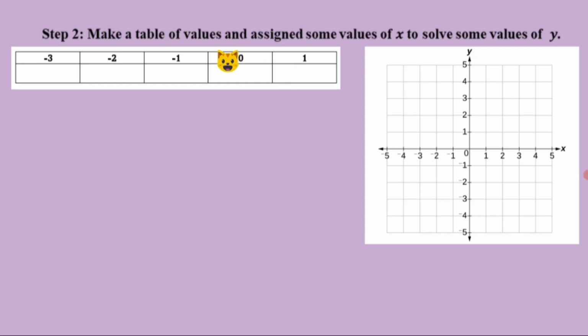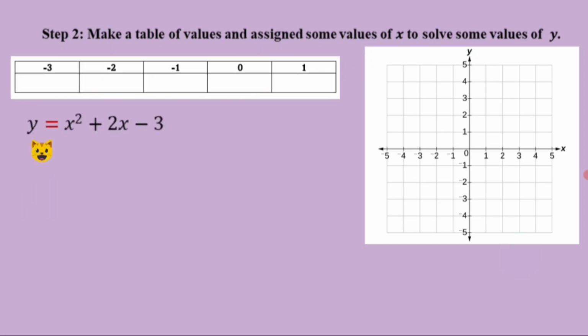Dalawang or 5 table of values para makuha natin yung 5 points. So, pwede rin namang ito lang, isa lang na point, pero for you to answer this inequality, kailangan natin ng 5. Again, pwedeng 3 lang. Dito sa table of values, pwedeng 5.